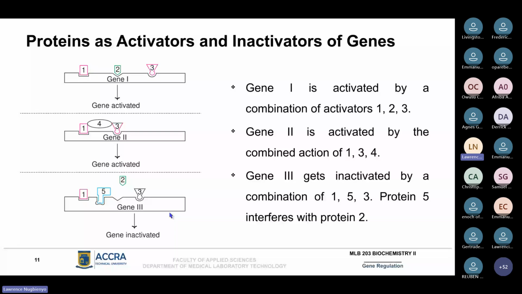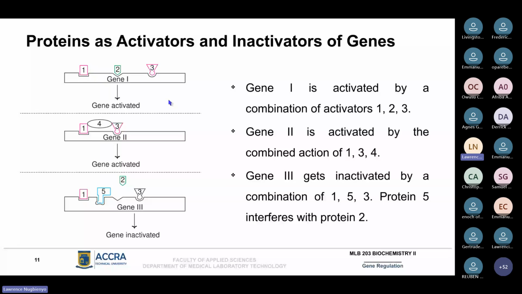Now, these can occur in different ways, and of course, what is being depicted here is not exhaustive in any way, but it is to give you a fair idea of the various things which happen as far as gene regulation is concerned in biological systems.